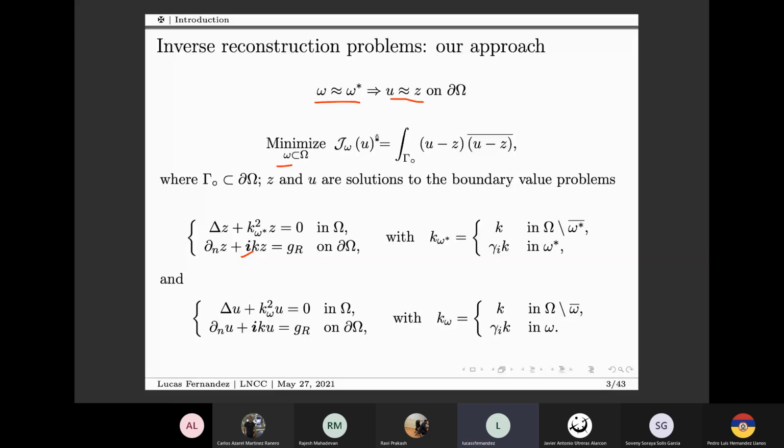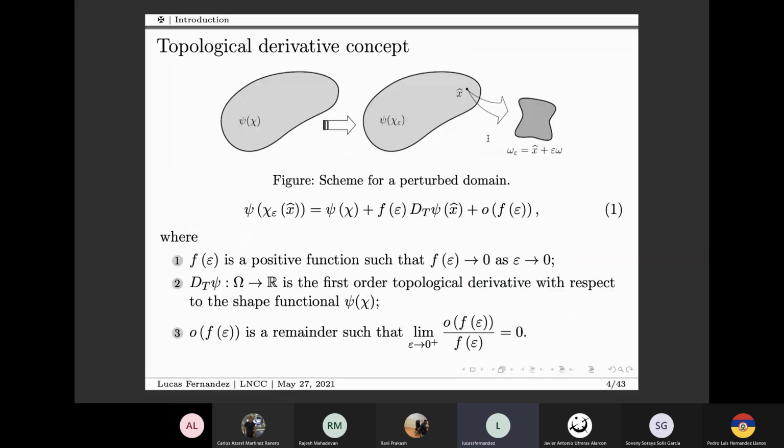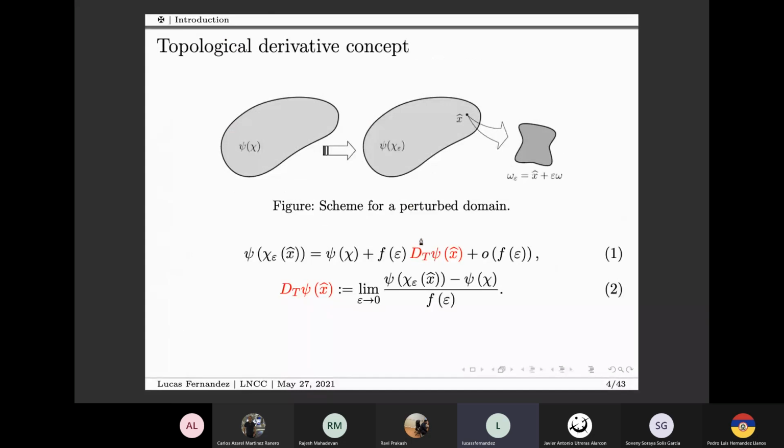And this bar represents the complex conjugate of a function of interest. Since our methodology is based on the topological derivative concept, we start with an asymptotic expansion of the topologically perturbed shape functional like the one given in equation 1, where the term dt psi represents the first order topological derivative.